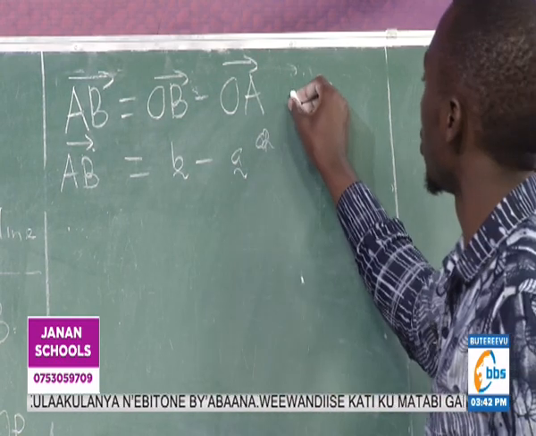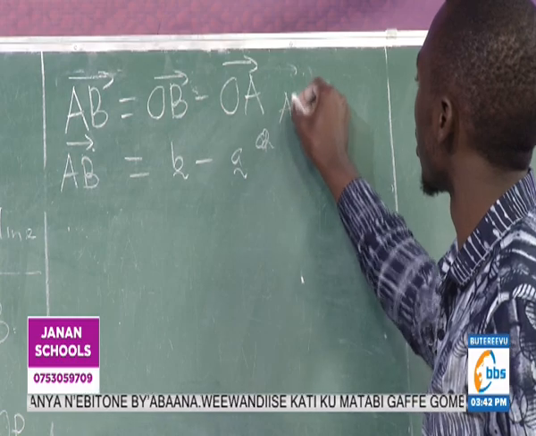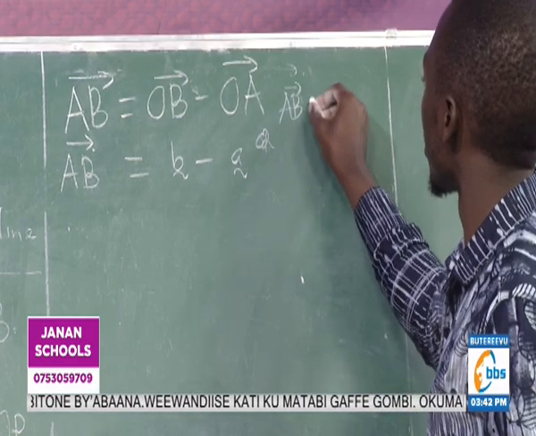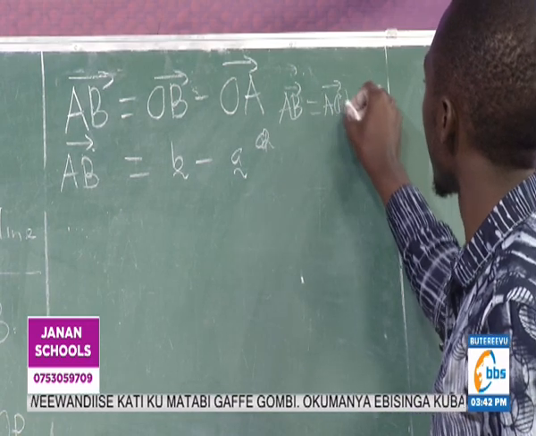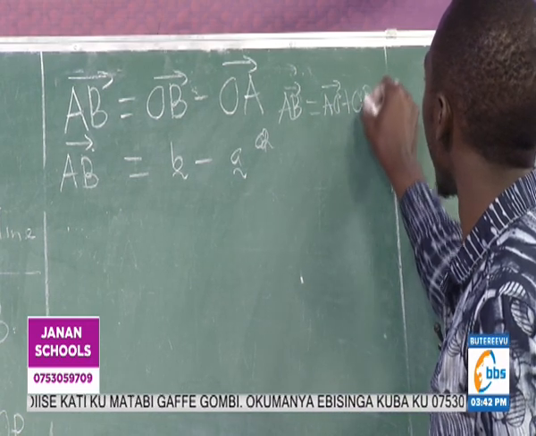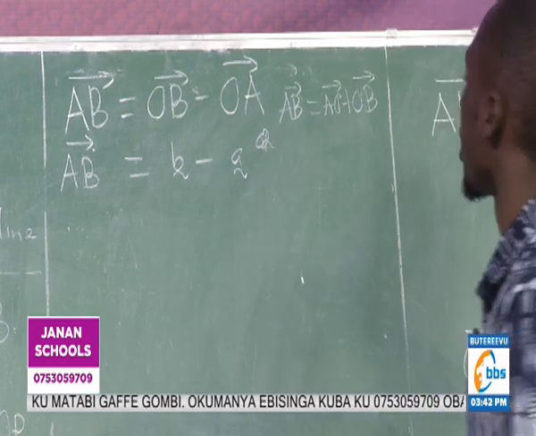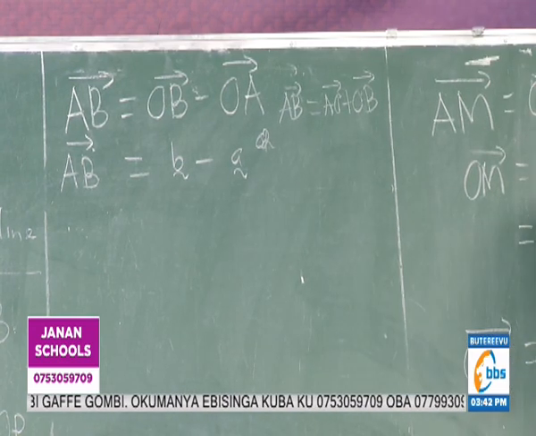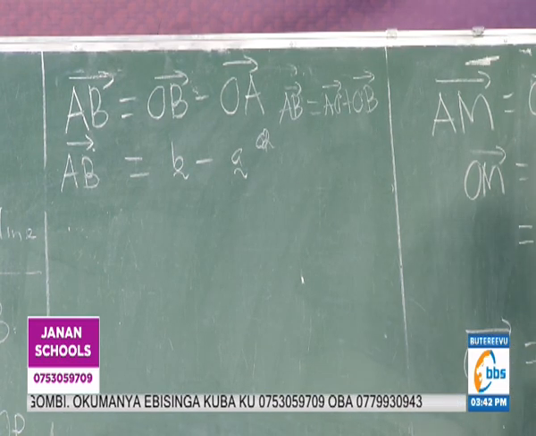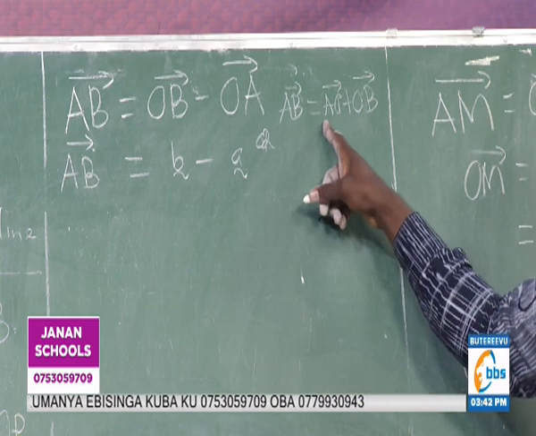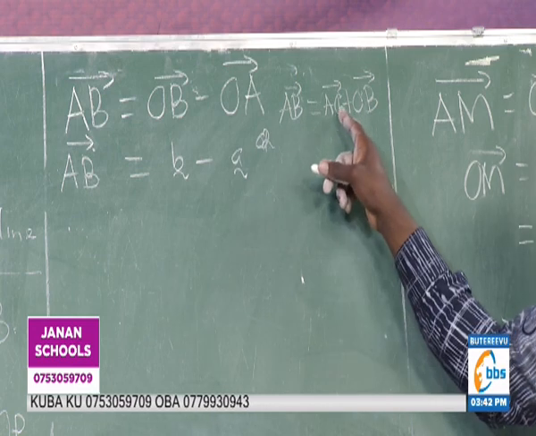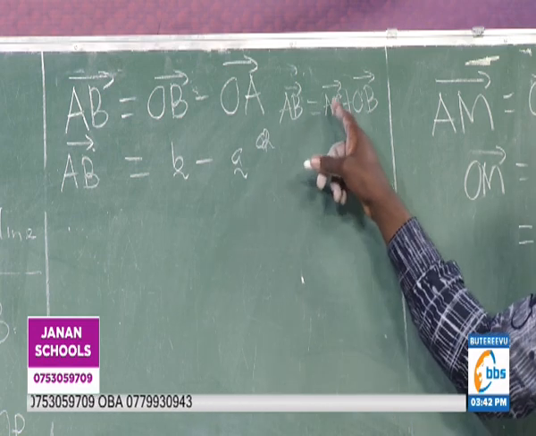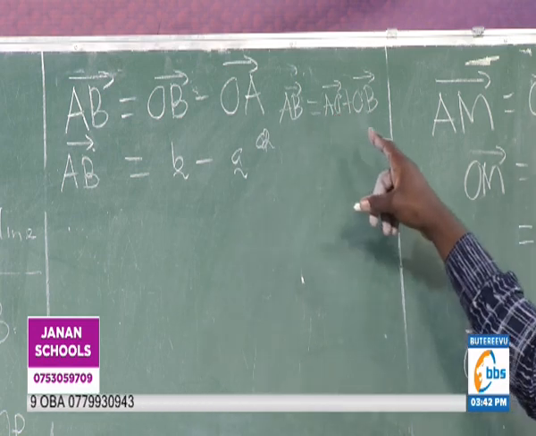So AB will still be the same thing as getting AO, then plus OB. AO plus OB. But when you look at AO, AO is negative OA. What they gave us was OA, which was A. Now when you get AO, it will be negative, you put a negative in front.